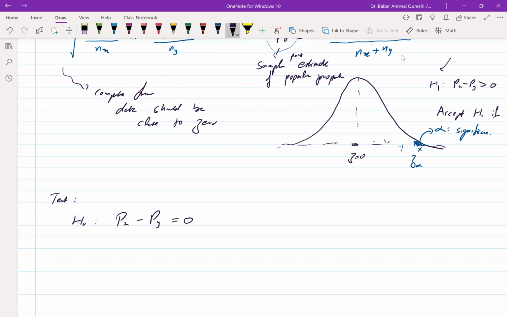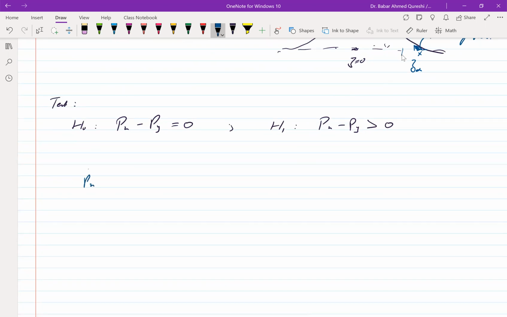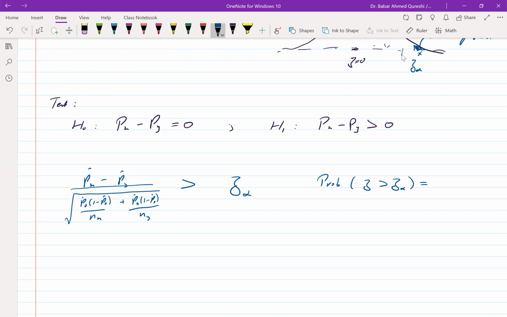You are assuming in your null hypothesis they are equal, and you are testing it against this, then simply p hat, you compute this from your data, and if this is greater than z alpha, where z alpha again is that critical value for which the probability of z lying above it is alpha, then reject.